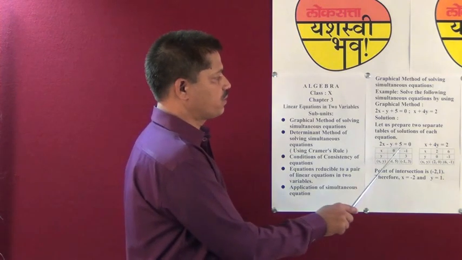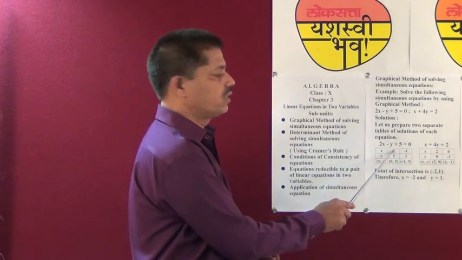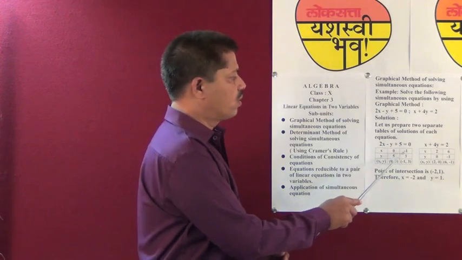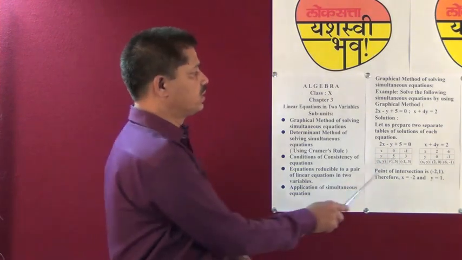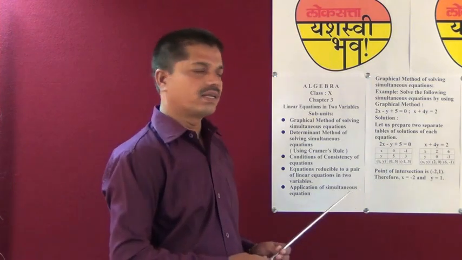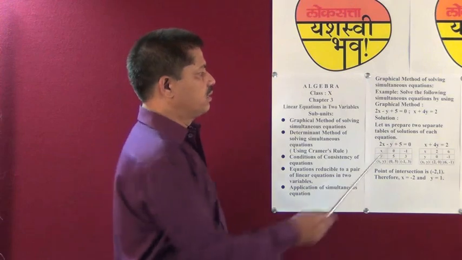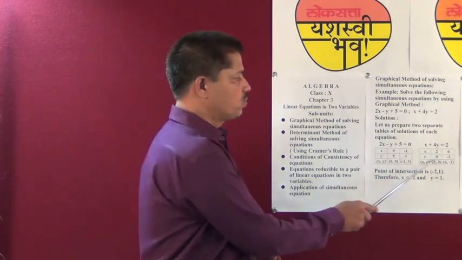Here for 2x minus y plus 5 is equal to 0, we have selected the value x is 0, and the corresponding value of y is 5. For x is equal to minus 1, the corresponding value of y is 3. Now for the second equation, x plus 4y is equal to 2, x is equal to 2, the corresponding value of y is 0.